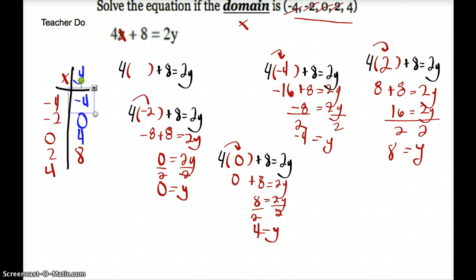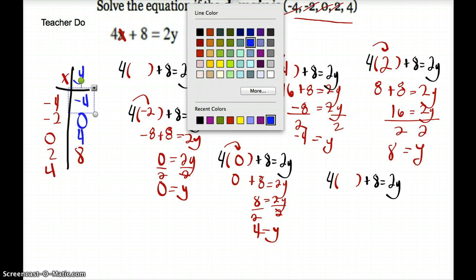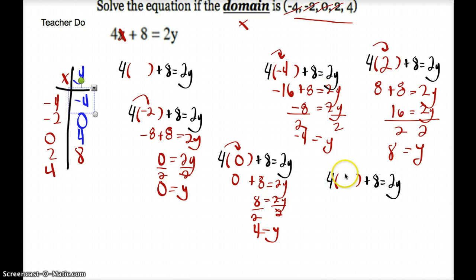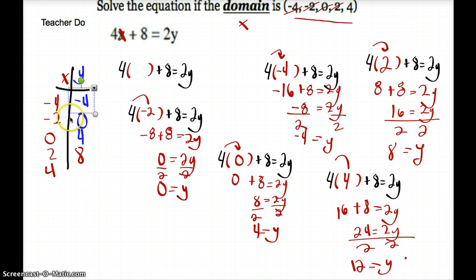One last one that we need to solve for is going to be that positive 4. 4 times 4 is 16, plus 8 equals 2y. This is 24 equals 2y. Divide both sides by 2. Y equals 12.